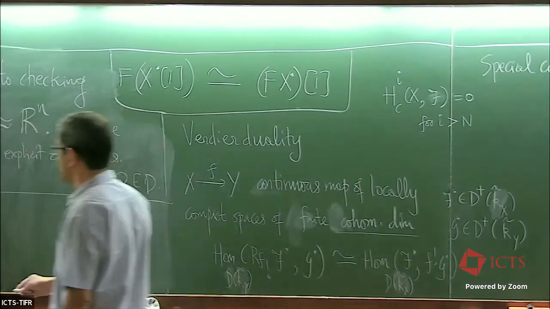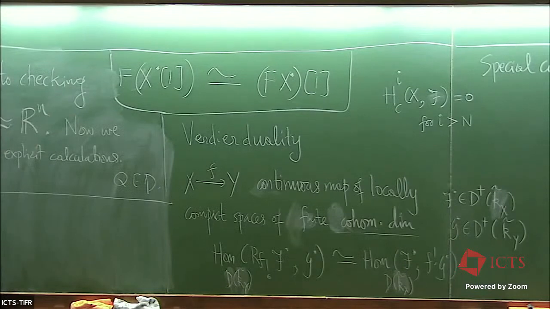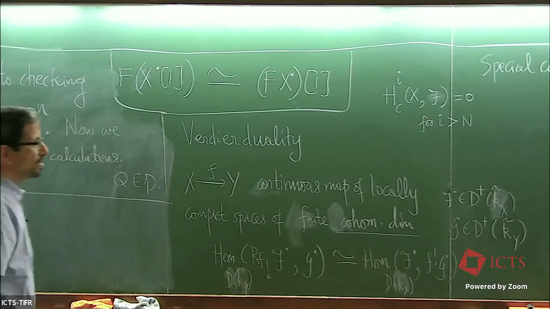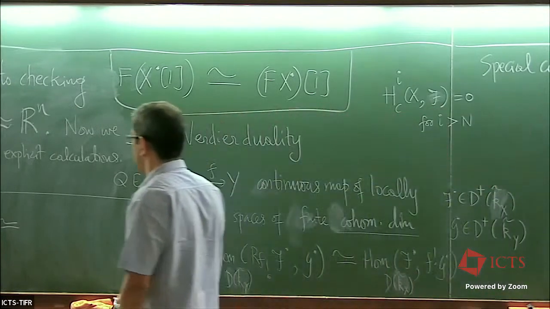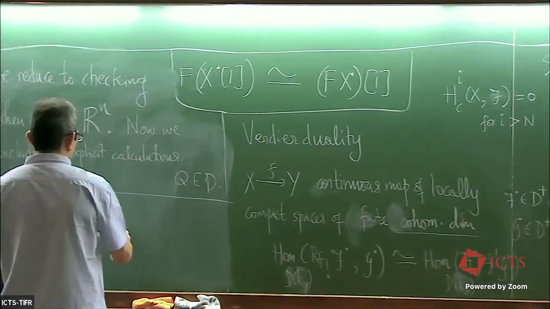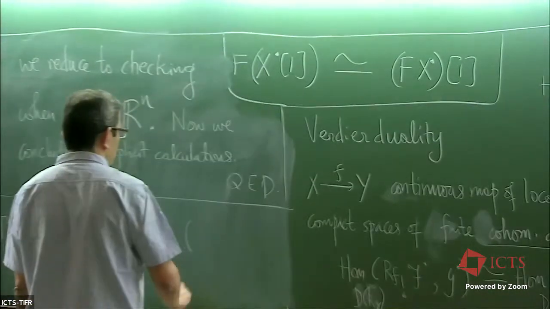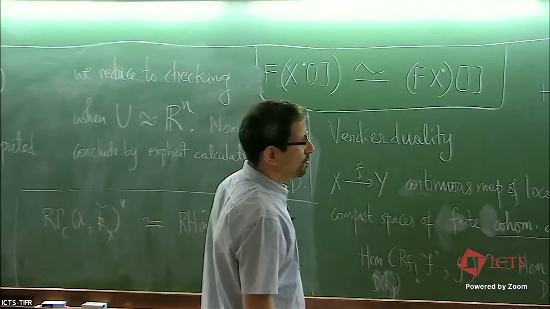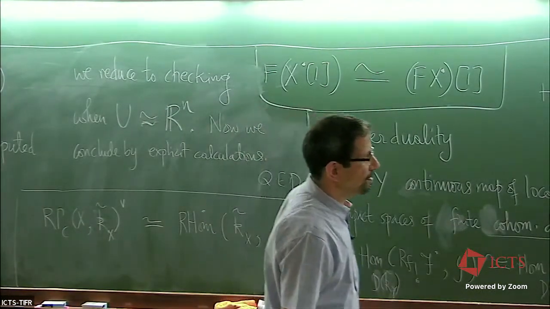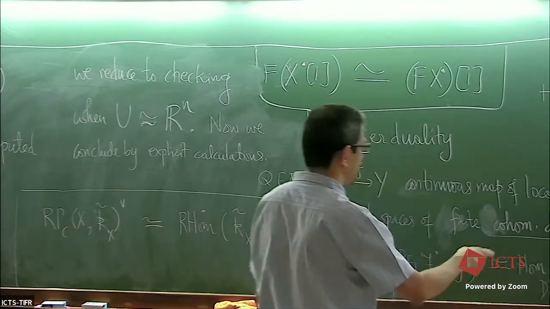So R gamma, then put this dual, and then this is isomorphic to R Hom dot of K tilde X into the orientation shift, dot dual, which is actually orientation shift.